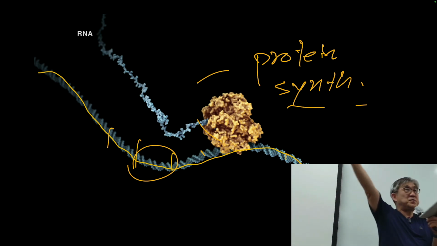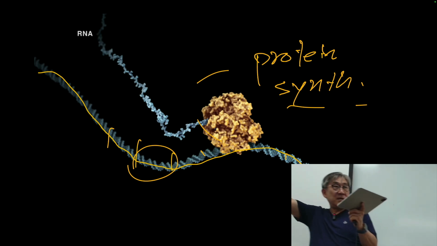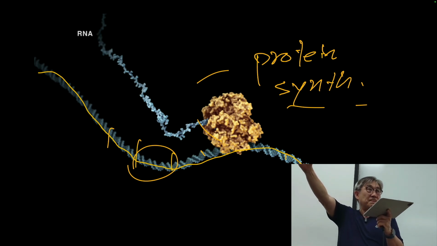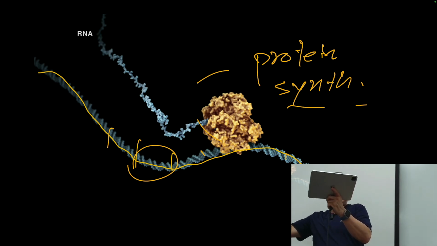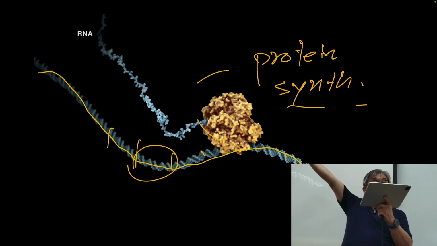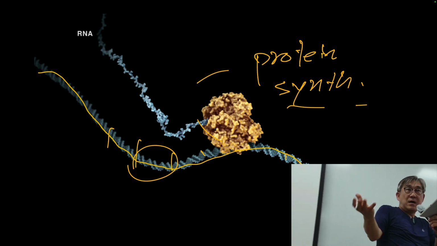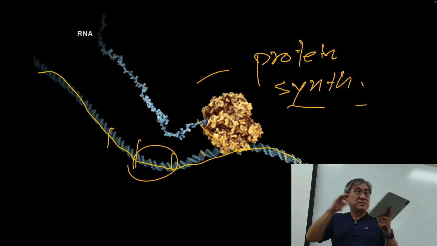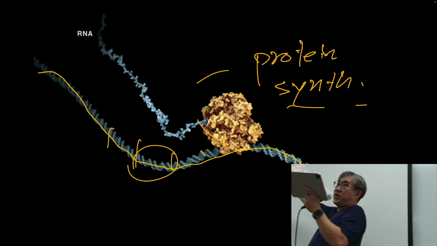Hey, this is a recipe for making pizza. Have you ever made a pizza? This is how you do it. And then the chef follows this instruction, which came directly from DNA, and then voila, hands out a pizza. How does it taste? So that's the relationship among DNA, RNA, and protein.